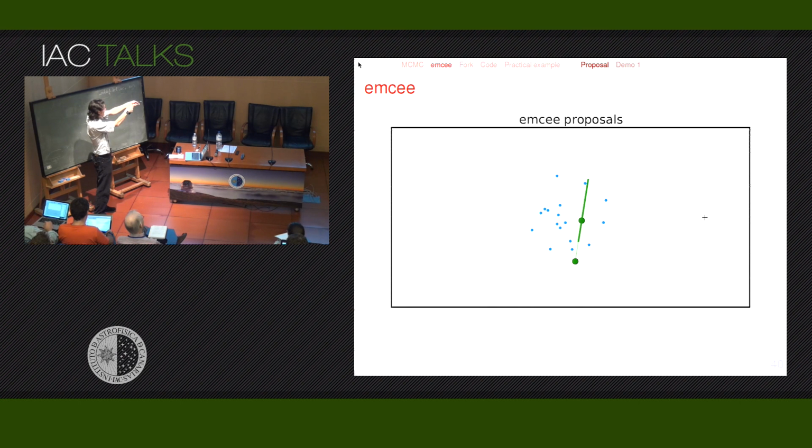It's selected this one randomly as the other one it's going to use, and it's going to draw a sample randomly along this line. So in that case, it draws one that's fairly nearby, and that one is accepted. So then it moves on to the next particle, chooses a line along which to sample something from it. This one is a step downhill and is rejected. It just goes on and on like this.